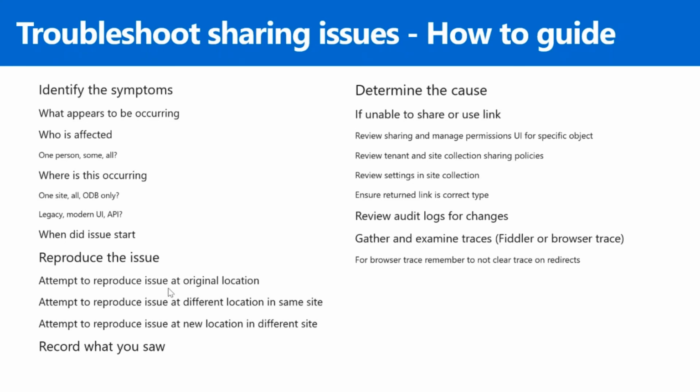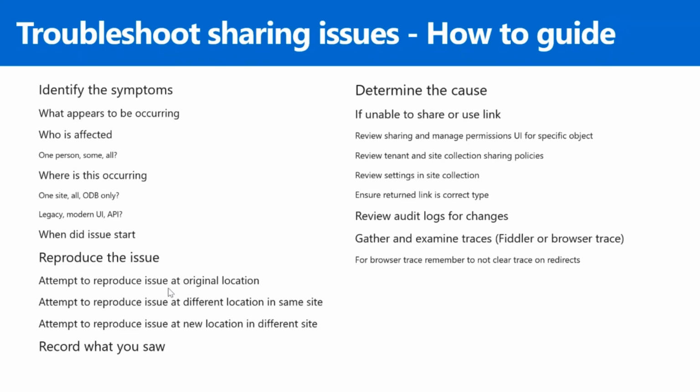We review tenant and site collection sharing settings or policies, and see if it's the correct link type being shared with the user. And then we can also go to the extent of checking with the admins if they can look for changes in the audit logs that might have happened just before the issue started.